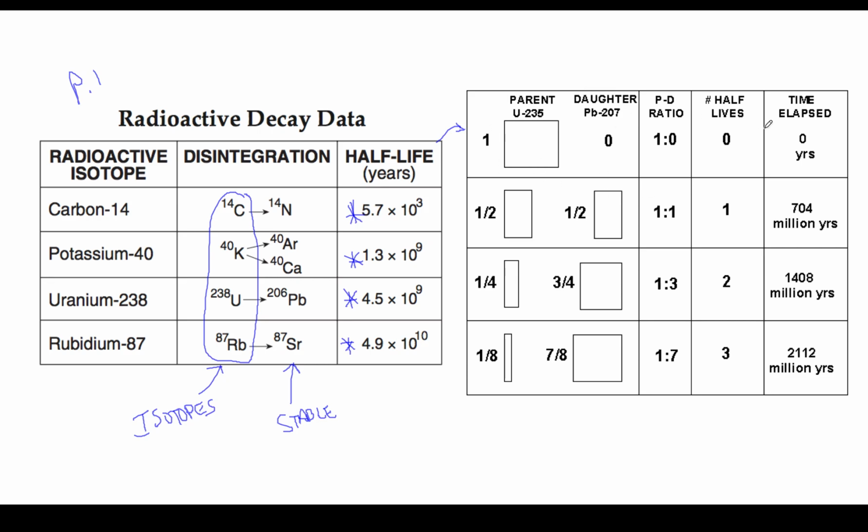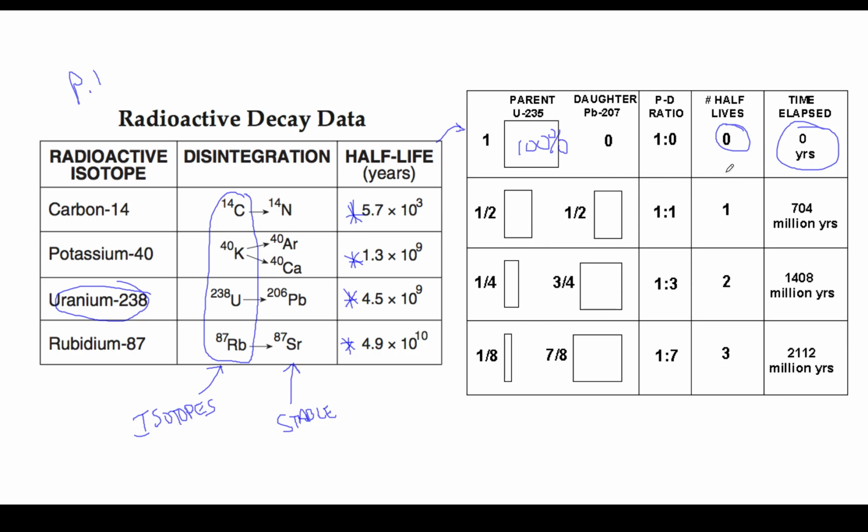So originally, 0 half-lives, 0 years old, 100% is radioactive in this case. Parent isotope, it's called. Now this is U-235. We use U-238. There is a difference in terms of how many years it takes, but the process is the same.